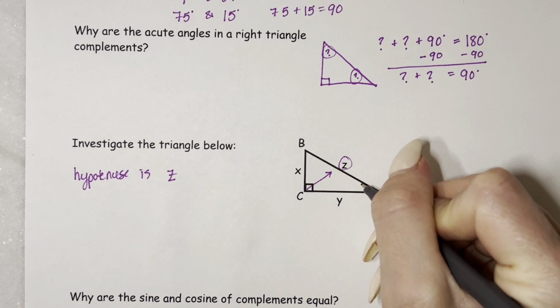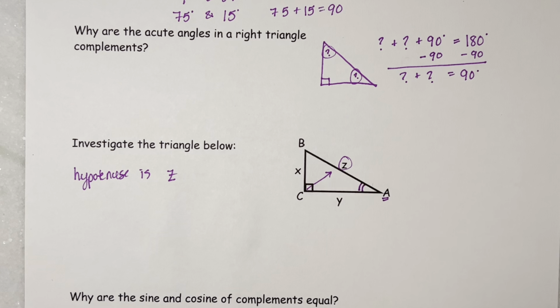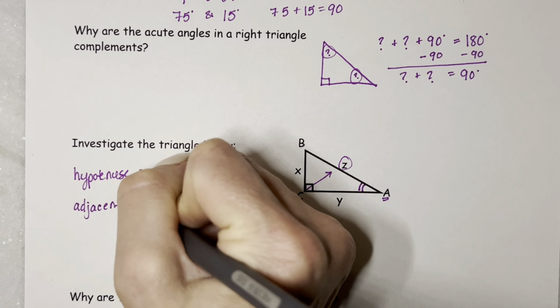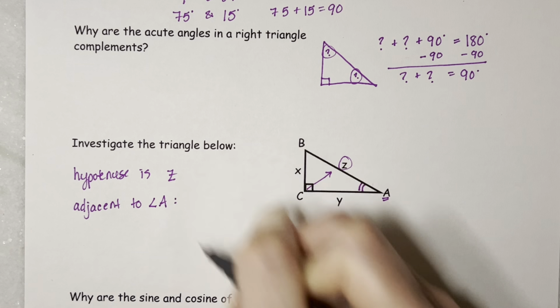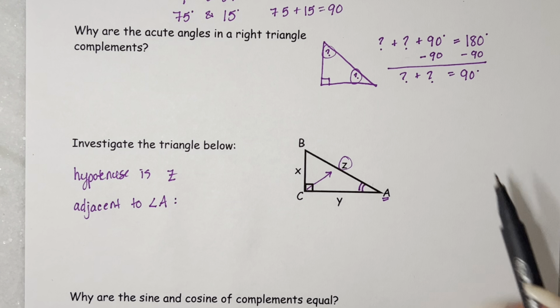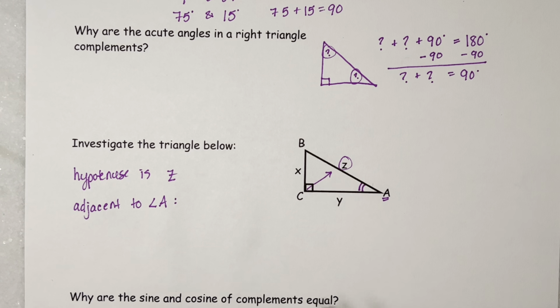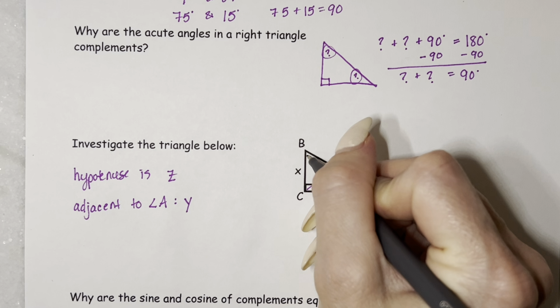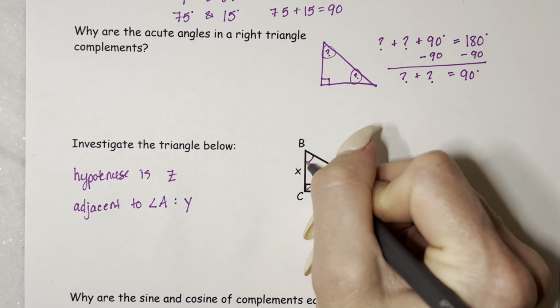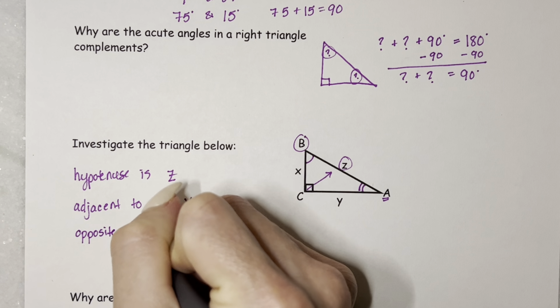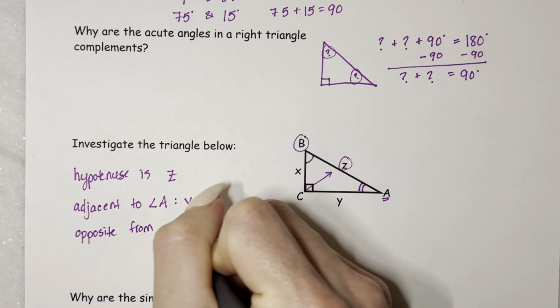So if I was talking about angle A, which side is adjacent to angle A? So the side that's adjacent is going to be the side that connects the angle to the right angle. So in this case, the adjacent side is going to be Y. However, if I was up here talking about angle B, which side would be opposite from angle B?